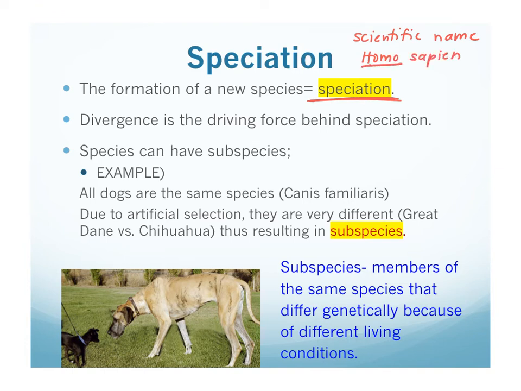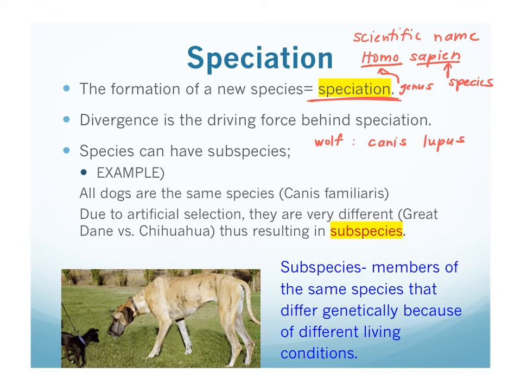And the first word in that name is what's called the genus. And the second word in that name is called the species. Okay. And so the wolf, for example, its scientific name is called Canis lupus. Okay.